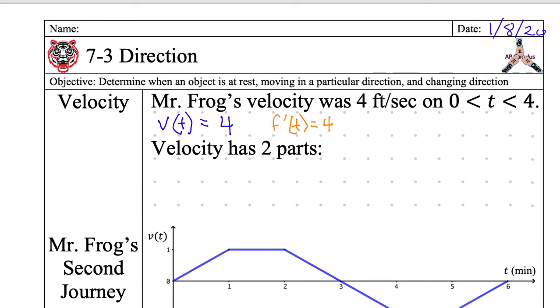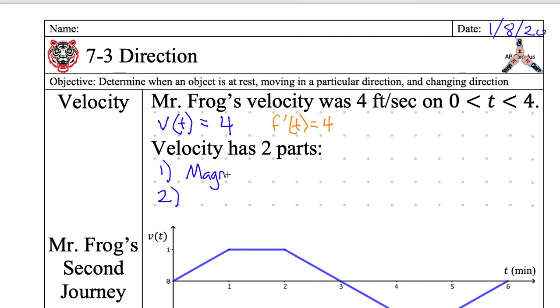So let's do a little bit of physics review. There are 2 parts, 1 and 2. People from physics, what does a velocity have? Magnitude and direction. There it is. Okay, thank you.